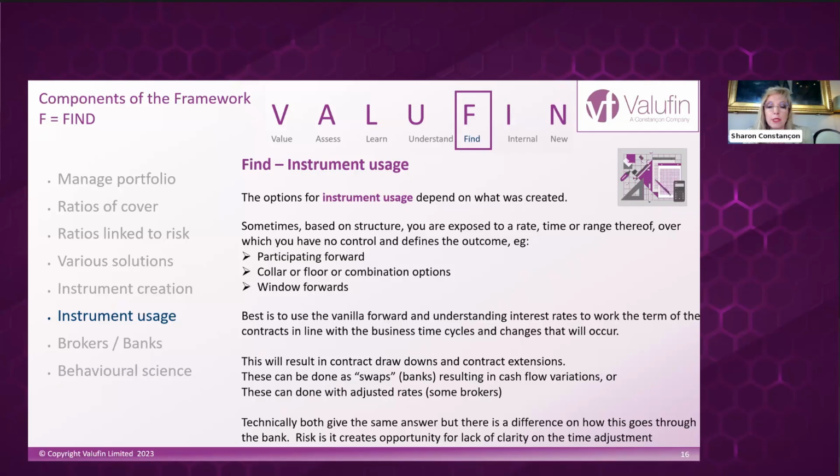And you have sometimes no control over what the market's going to do once you've established your instrument. Now, if you've established a vanilla forward, it doesn't matter what the rate does in between. It's not going to change anything. What it does allow you to is to buy spot instead of using your instrument, or to draw your instrument down early because that's the best thing you can do, and you only pay for the time period that you've used it.